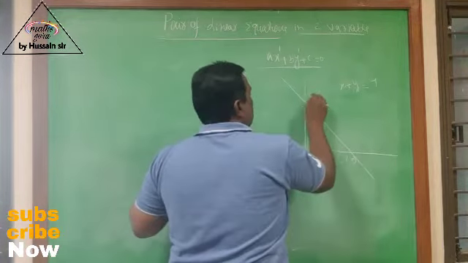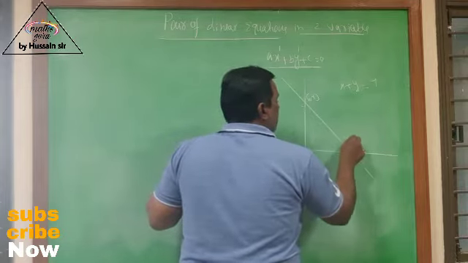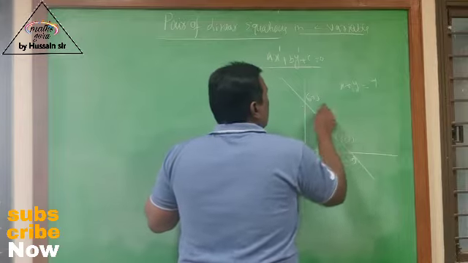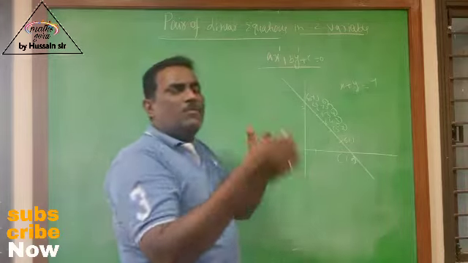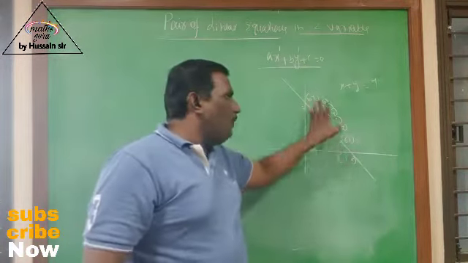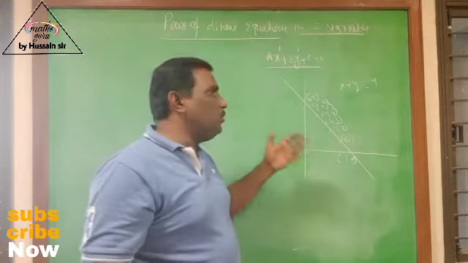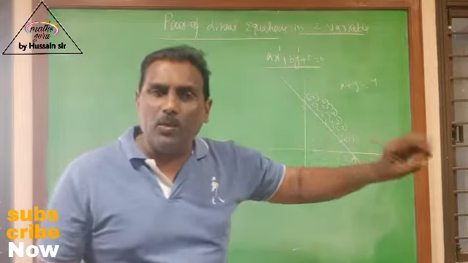This will be (7, 0), this will be (0, 7), and we will have different points: (6, 1), (5, 2), (4, 3), (3, 4), (2, 5), (1, 6). I have taken only integer points; you can have rational points also, and other negative and positive ones. So every point on the line will be a solution of that linear equation.